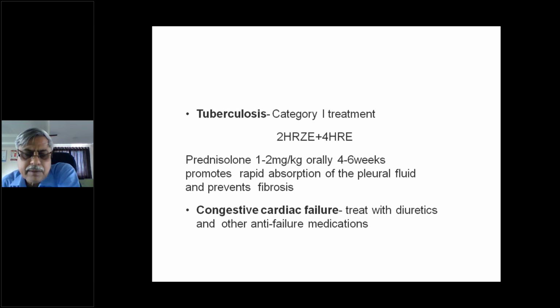Remember this. For 2 months you have to give all these 4 drugs. The rest 4 months, that is 4 HRE, means the same INH, rifampicin and ethambutol. This is the latest treatment you have to follow.